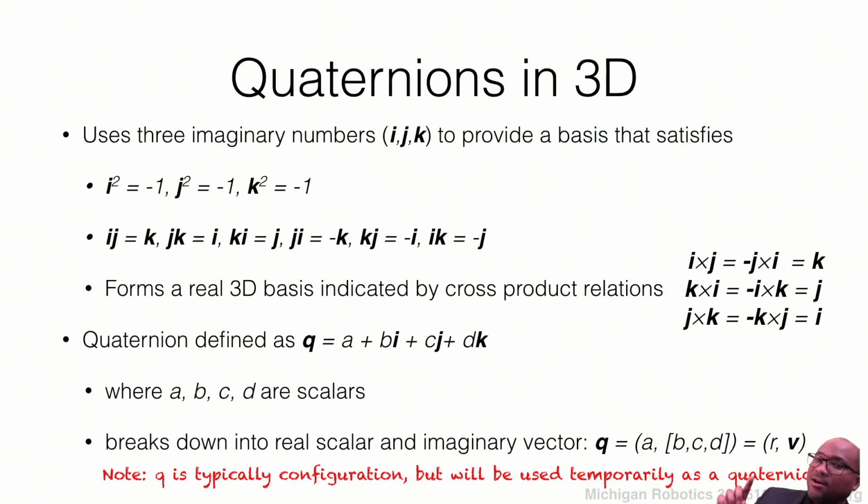So if we think of a as our real component and b as the scalars on our imaginary components, we get a real and an imaginary vector. Just note, in this case we're using q to represent the quaternion, even though typically q is going to be a configuration for us.